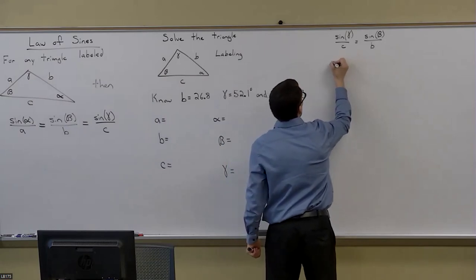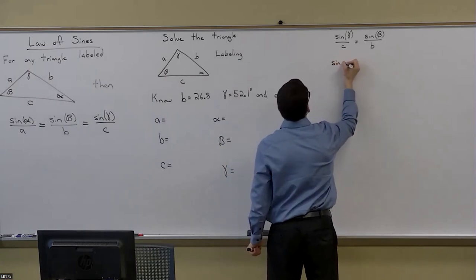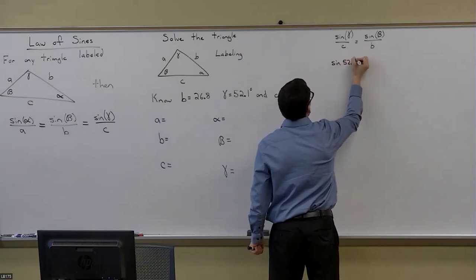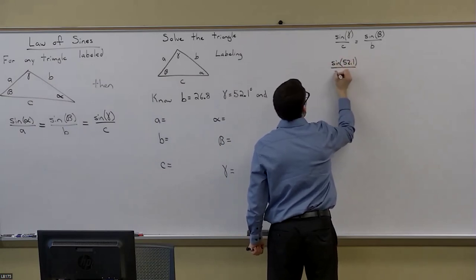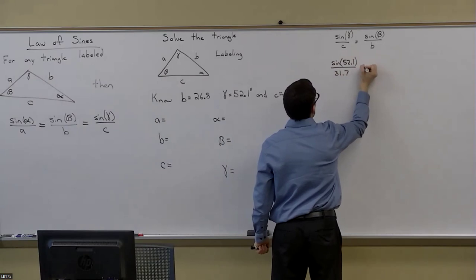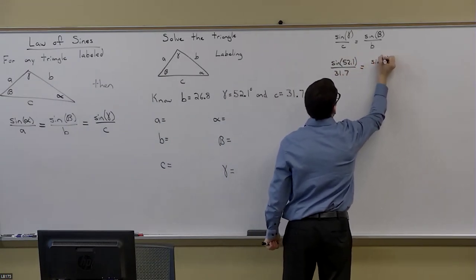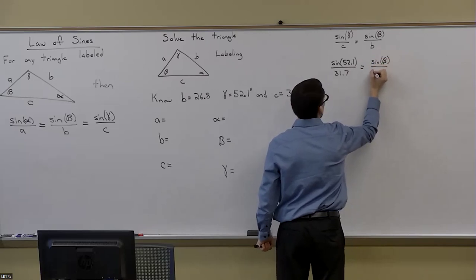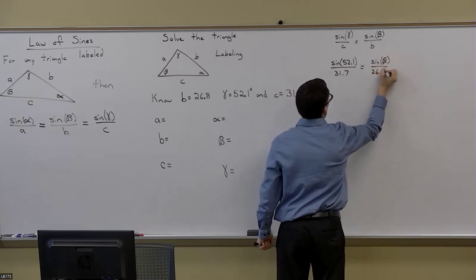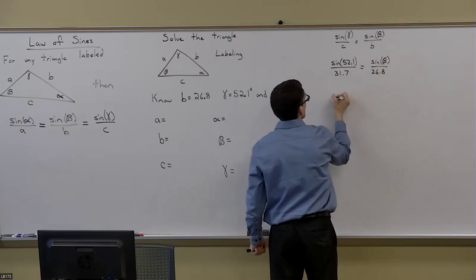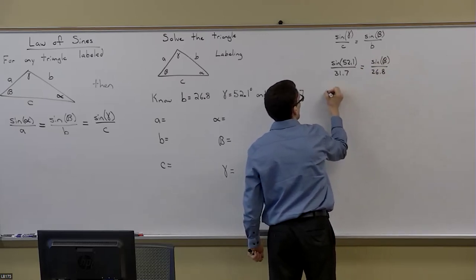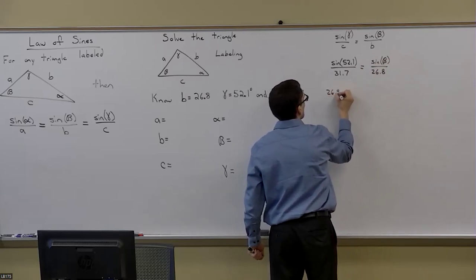Then I plug in what I have. Sine of 52.1 over 31.7 is equal to sine of beta over 26.8. Multiply both sides by 26.8.